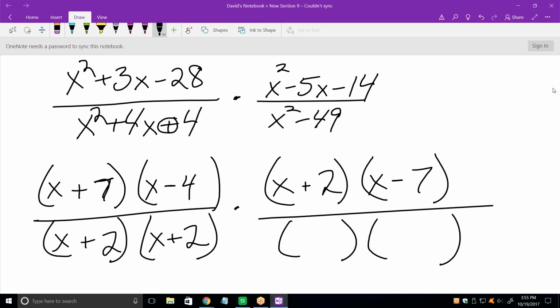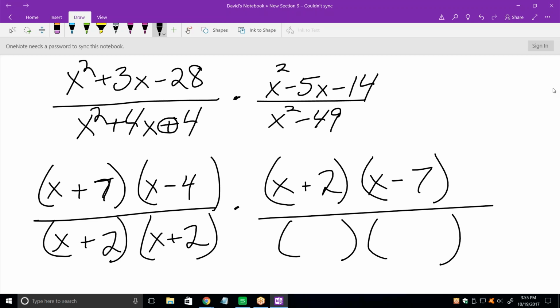Bottom, how do I factor that? What is that called? Is there a GCF? Oh, no, it's not that. What's the second method? DOPS. What does DOPS stand for? Difference of perfect squares.